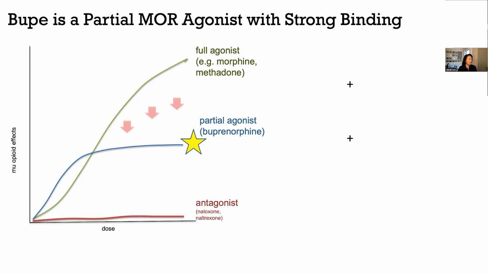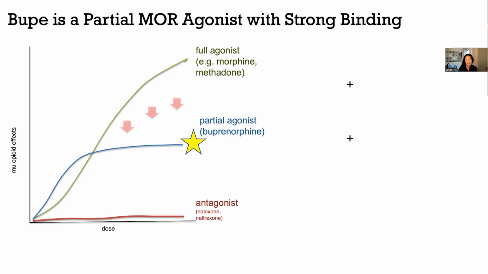Most of the opioids that we use, like methadone, hydromorphone, fentanyl, and heroin, fall along the green line: the higher the dose someone takes, the more of the total mu-opioid effect they get, whether that's analgesia, respiratory sedation, nausea, constipation, or cognitive slowing.